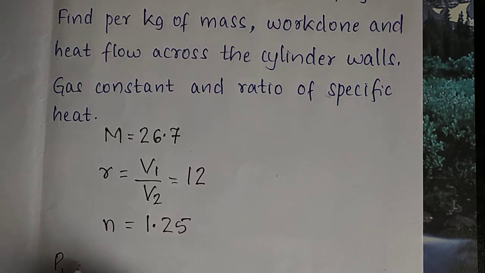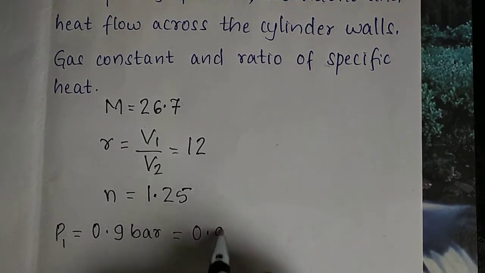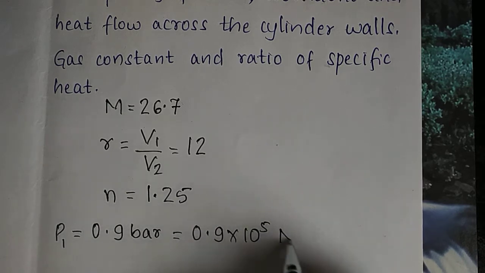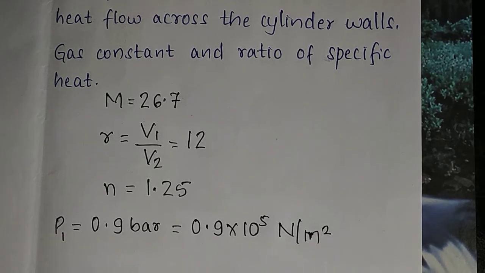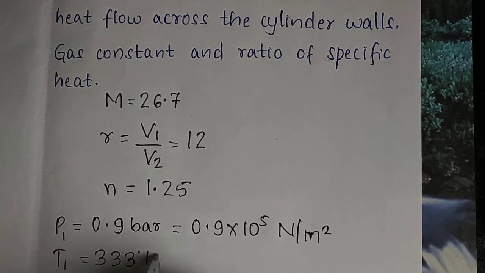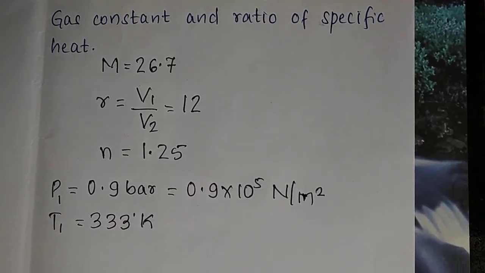Then pressure P1 from initial condition is 0.9 bar, that is 0.9 into 10 to the power 5 Newton per meter square. Then initial temperature T1 equal to 333 degrees Kelvin.